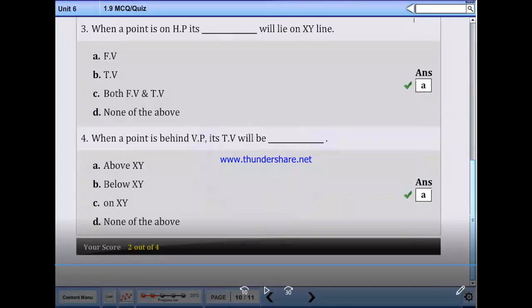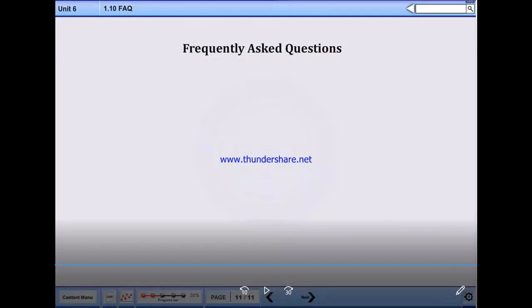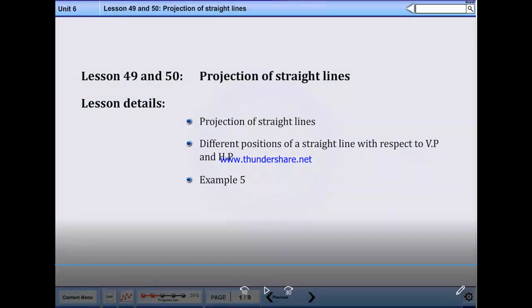Front view, top view, both front view and top view, none of the above. Answer is front view. When a point is behind VP, its top view will be above XY line, below XY line, on XY line, and none of the above. Now answer is above XY line. So like this you may get quiz answers.